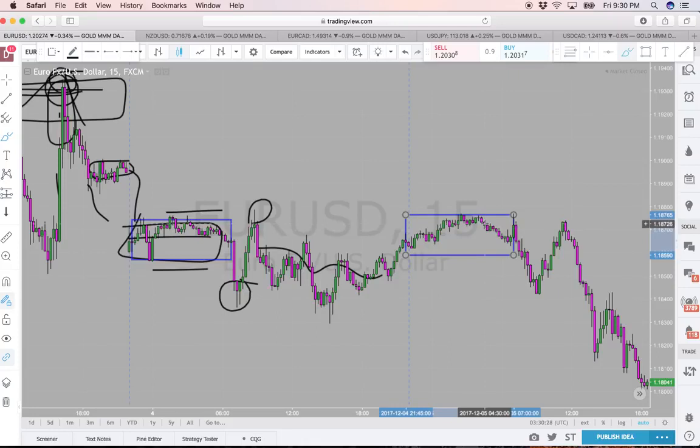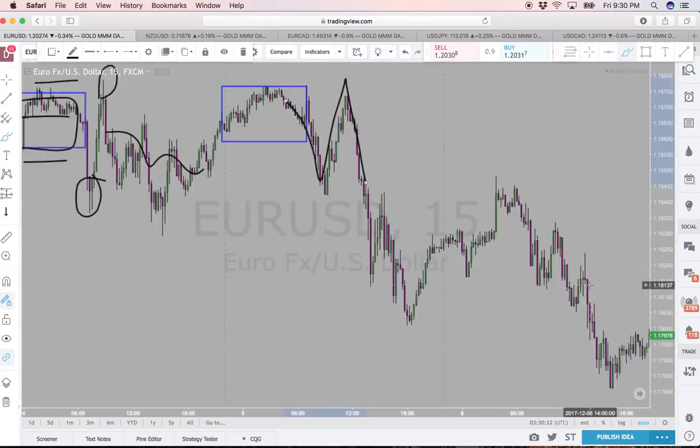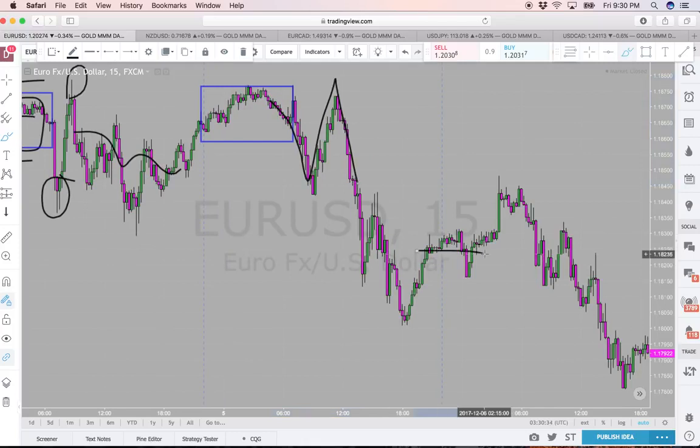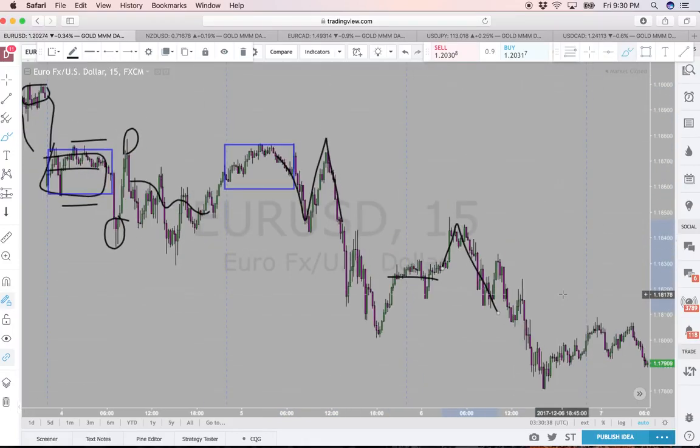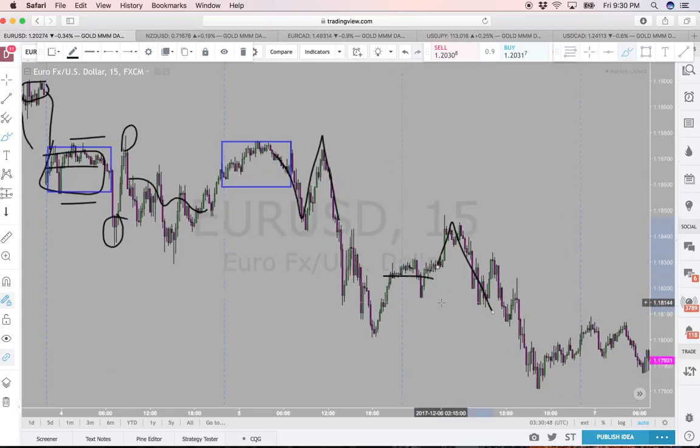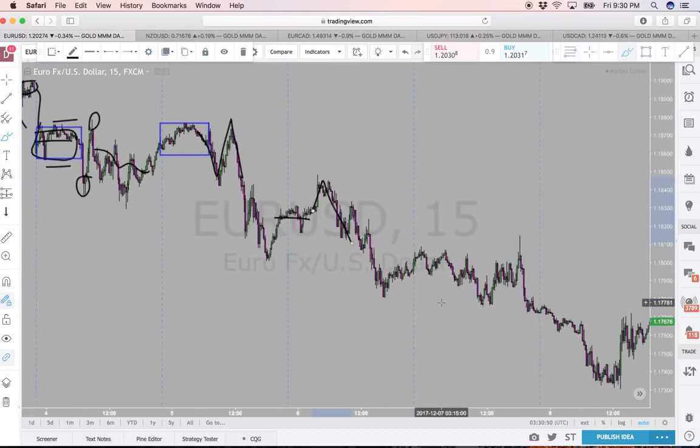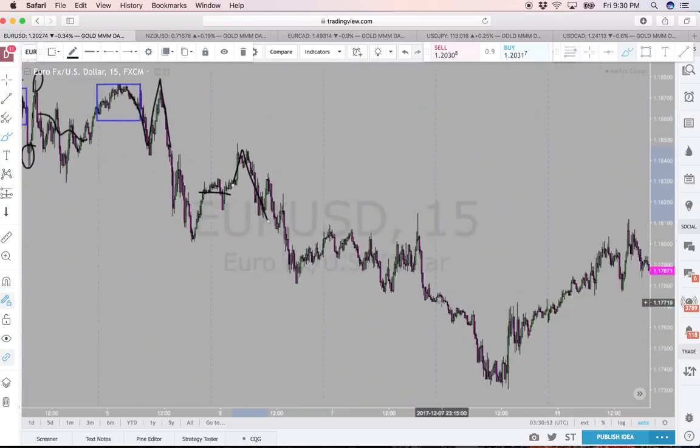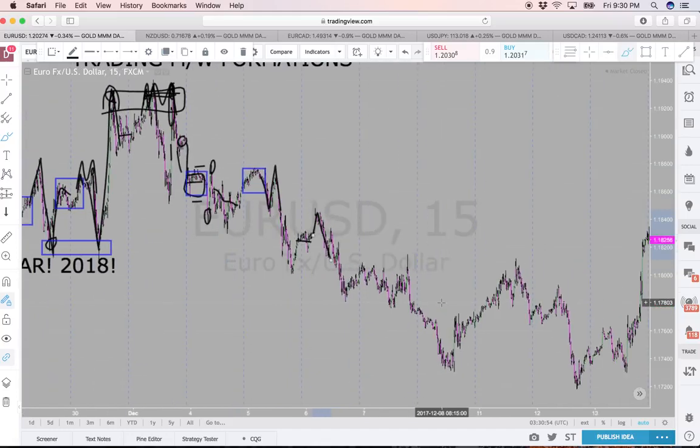And basically doing the same thing. Consolidation, stop hunt high, come back down. So we can see this is a very, very continuing theme here in the market, this whipsaw structure. And this is used in conjunction with M's and W's.